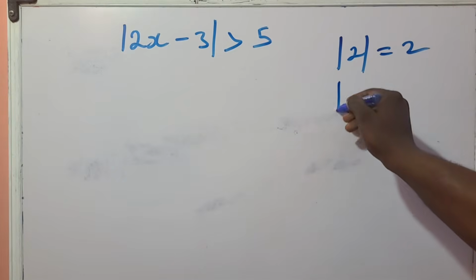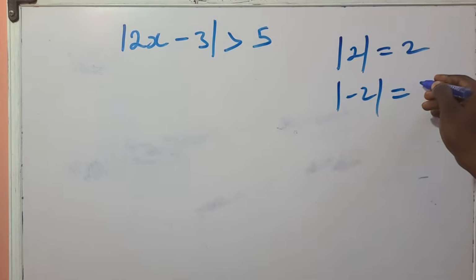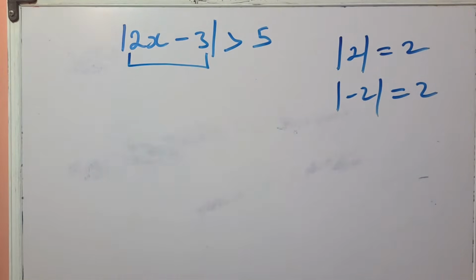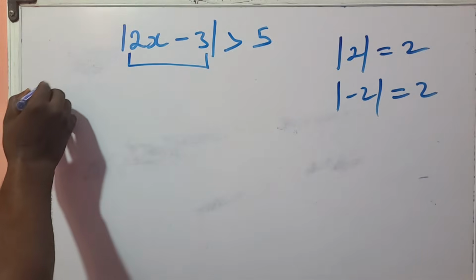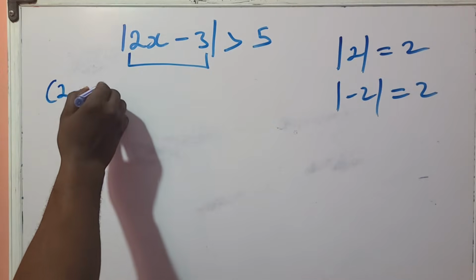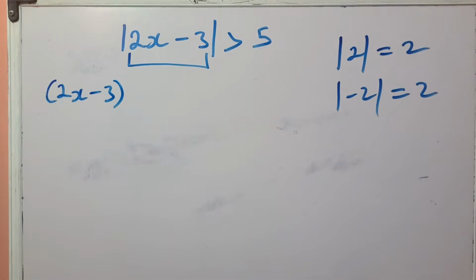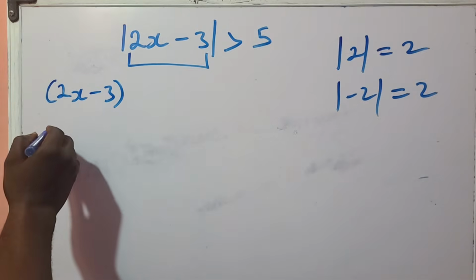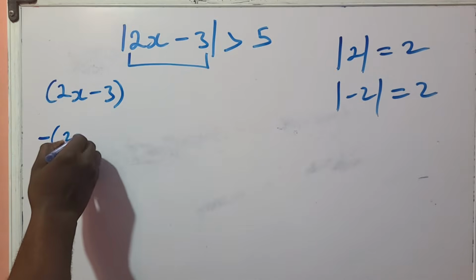So it could also be minus 2, because minus 2 will also give me 2 under absolute value. So this implies that when we have a question like this, this particular input here, 2x minus 3, can take two different values. We can have it as just the positive 2x minus 3, which will still be correct, and we can also have it as the negative 2x minus 3.